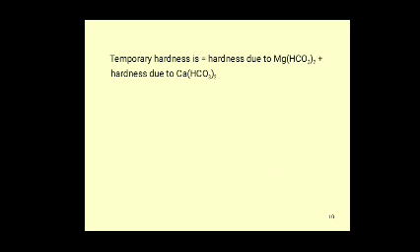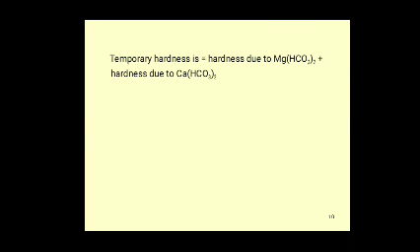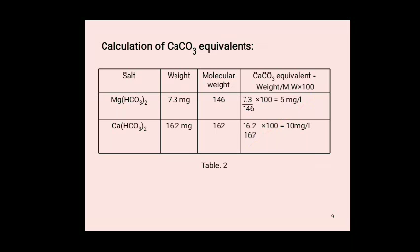Therefore, temporary hardness is equal to hardness due to magnesium bicarbonate plus hardness due to calcium bicarbonate. Magnesium bicarbonate hardness is 5 milligram per liter, calcium bicarbonate hardness is 10 milligram per liter.